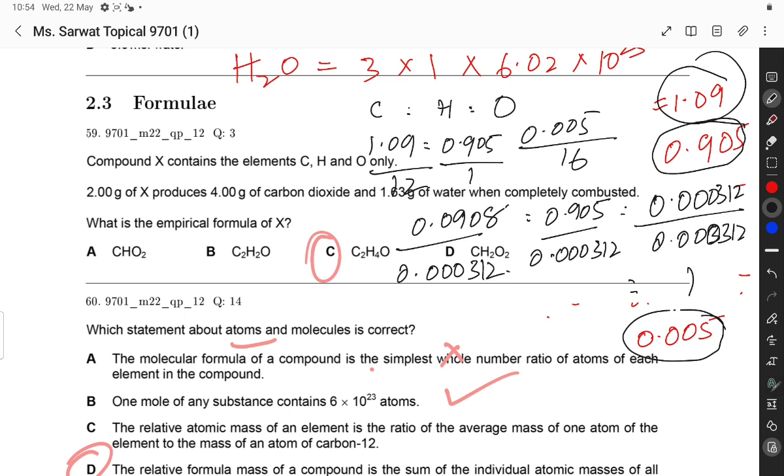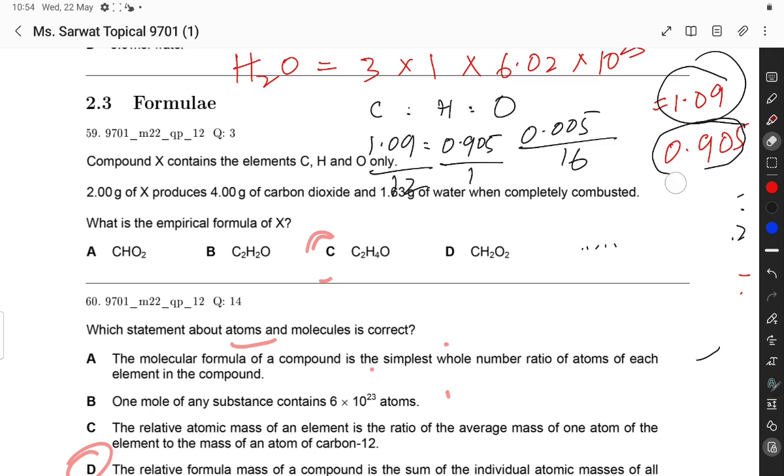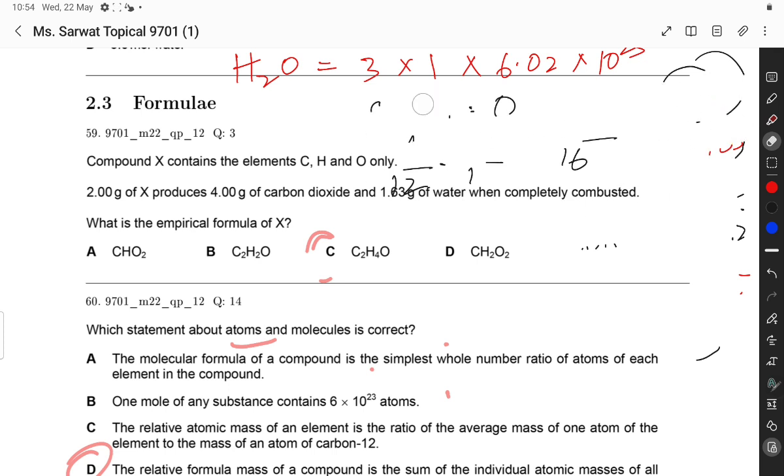So this is not the way we calculate. This is a long calculation. So we can calculate like this.